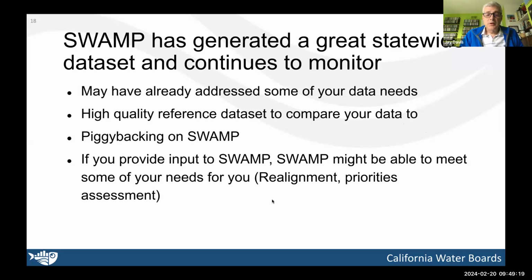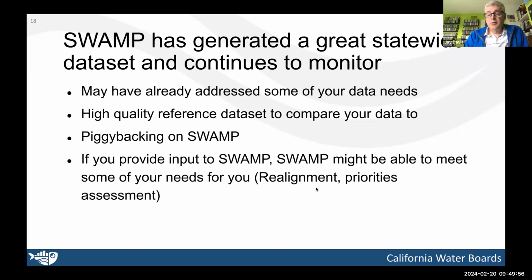Anna talked about these efforts in the first training, but we have a realignment effort that is working through the water board regions of the state and doing community guided monitoring. We started in San Diego, and we're going to be monitoring in the San Francisco Bay region. Next year will be the monitoring, and we're doing the planning work this year. So realignment is an opportunity to influence what's being monitored by SWAMP.